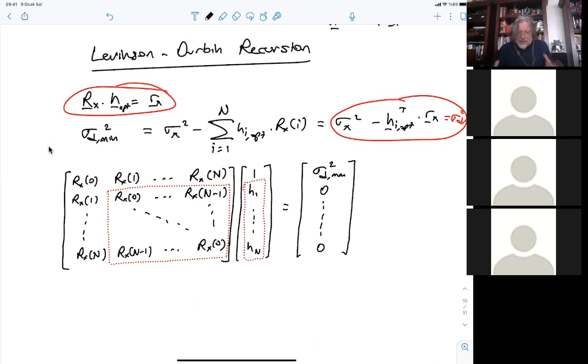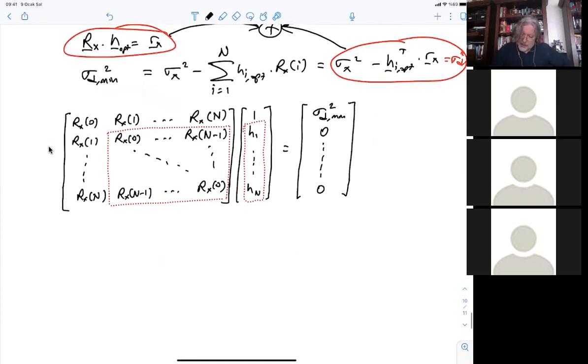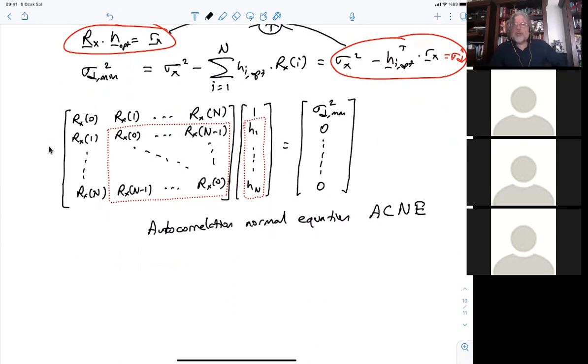Okay, what I did is I just combined this and this equation into one single vector matrix equation. And there's a name to this equation. It is called autocorrelation normal equation, abbreviated as ACNE, autocorrelation normal equation.